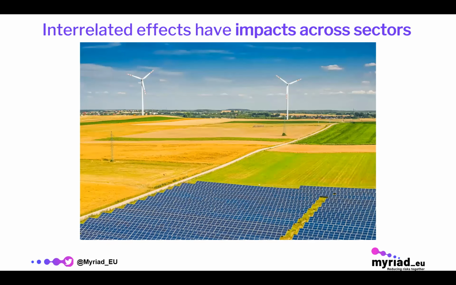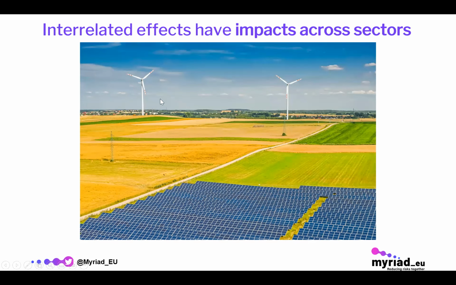And then also, we know that it's not only impacts that go across hazards, but also that go across different sectors. So here we see a typical landscape in Northwest Europe. It could be faced by many hazards, right? So flooding, drought, hail, for example, in this region. And we see that this area has lots of sectors. Okay?